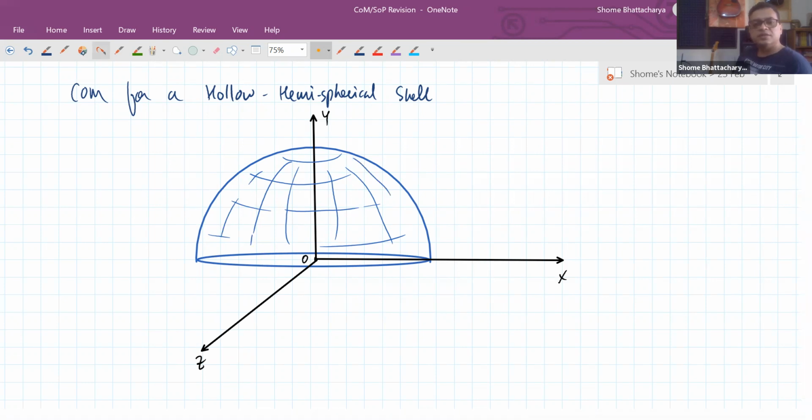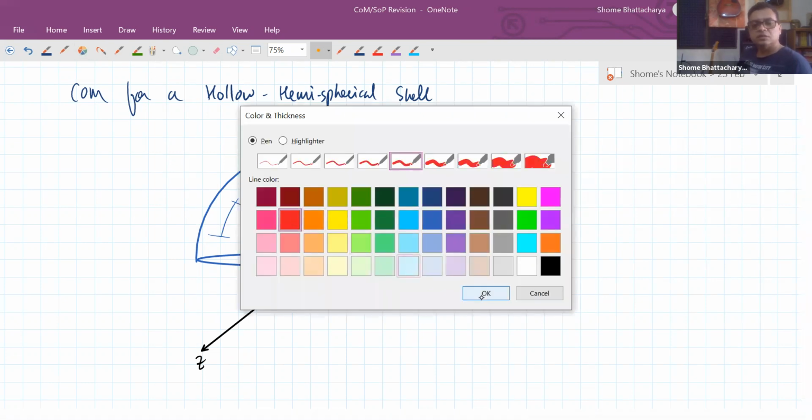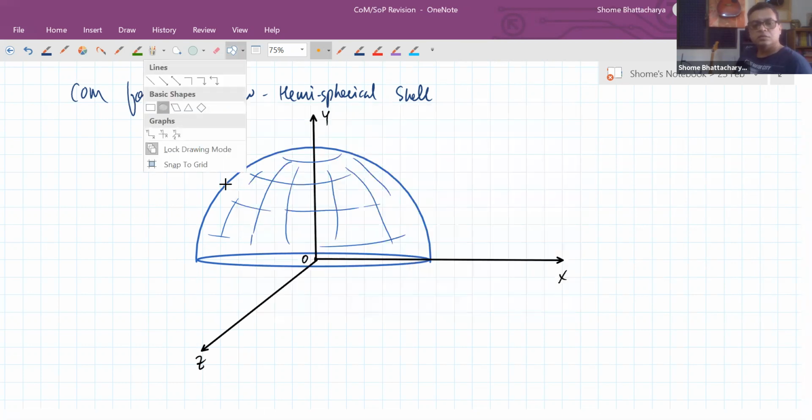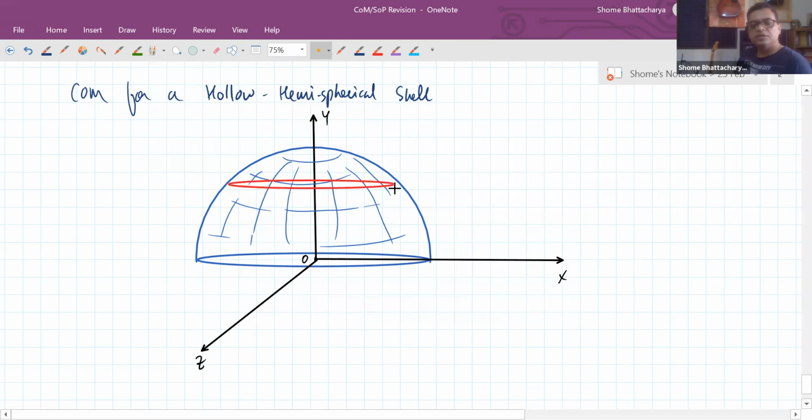So this time we will slice it into thin rings. So we'll take our differential element as a ring like this, which is of a thickness, let's say ds, and of a radius small r.